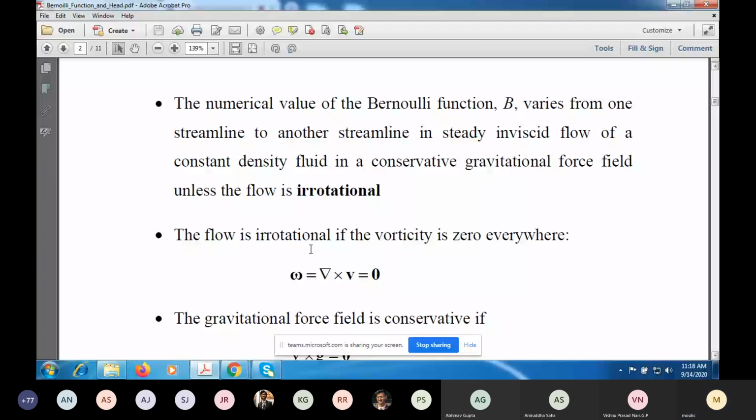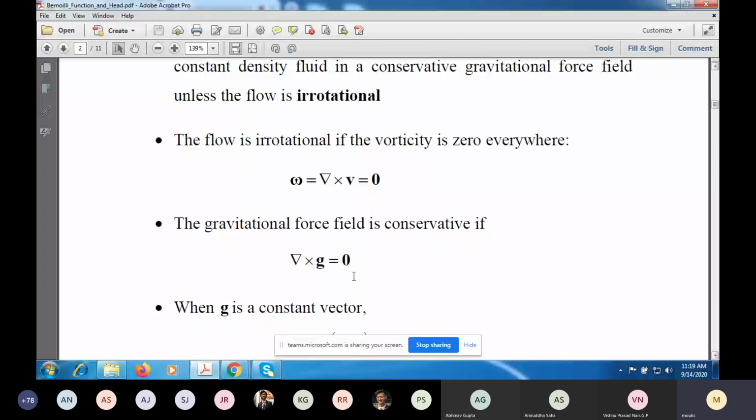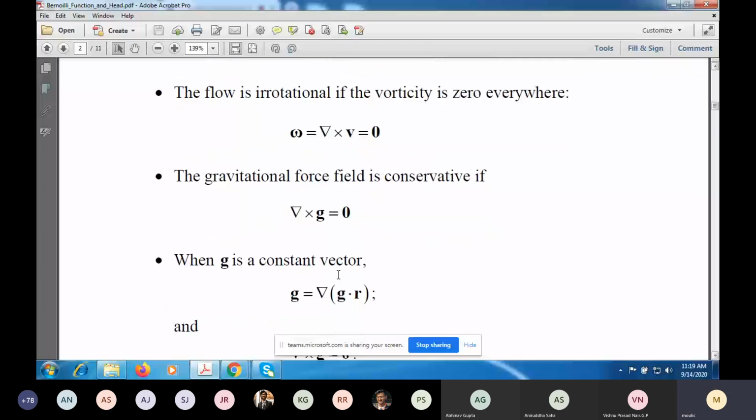Now, a body force field, such as a gravitational field, is said to be conservative if the curl of this force field, in this case G, is the 0 vector. When this is satisfied, the work done by the gravity force on a particle is independent of path. It just depends on the position. In our case, we are assuming G to be a constant vector.